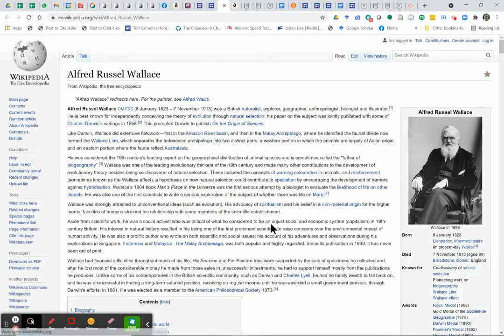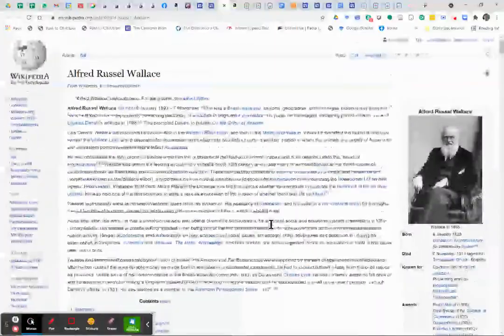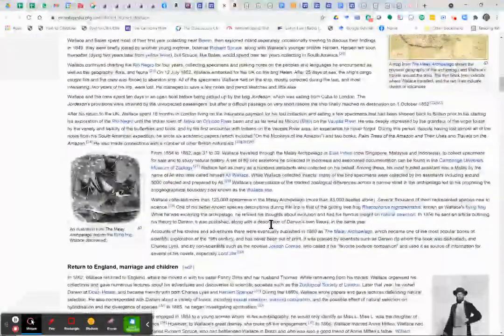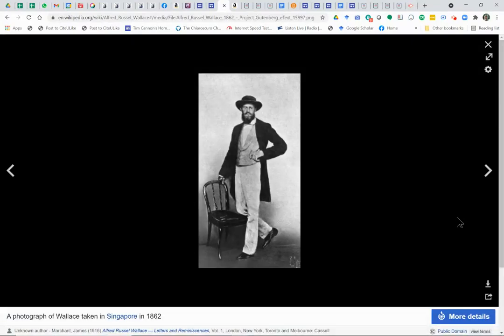Another discoverer is Alfred Russel Wallace. And there's the old Alfred Russel Wallace, but there's a picture in here of the younger Wallace. And boy, that guy had a look.